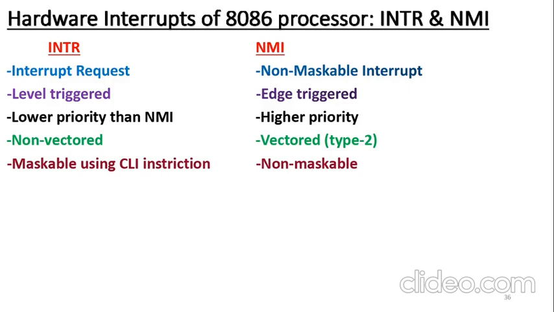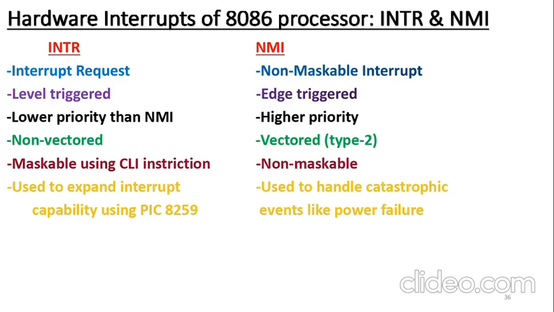Whereas NMI is non-maskable in nature. There is no instruction or method to mask that particular interrupt. The concept of masking is very simple: temporarily disabling that interrupt line is masking.